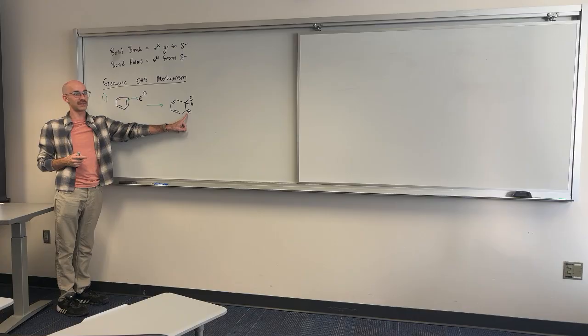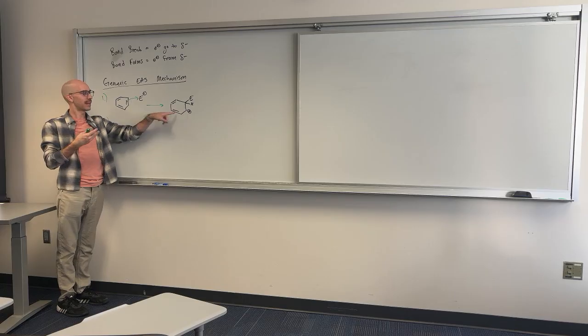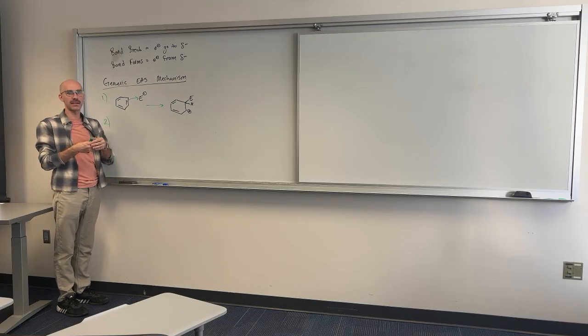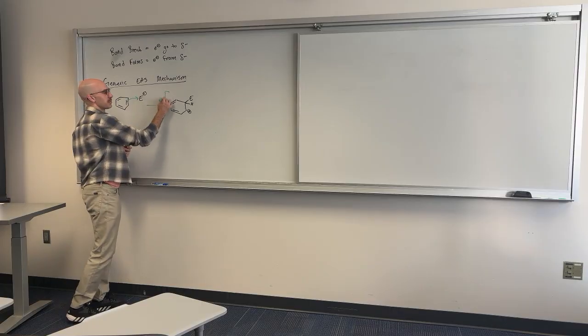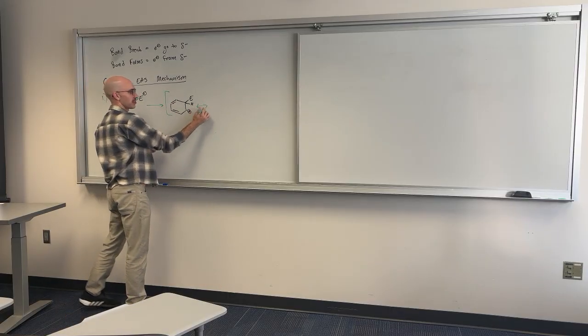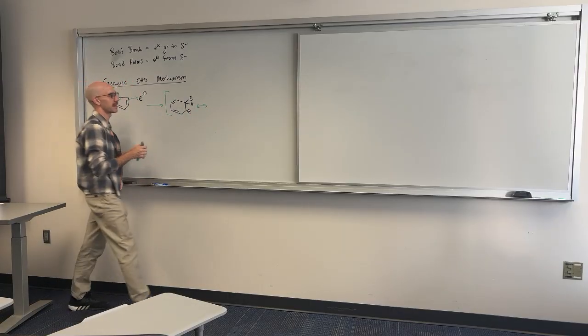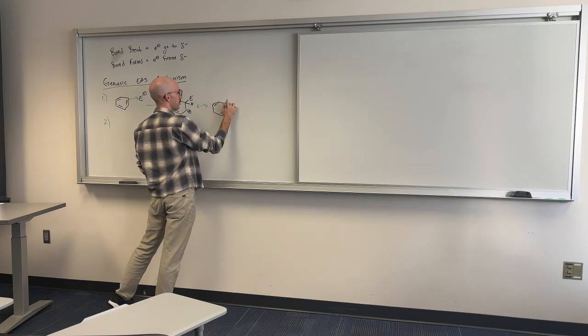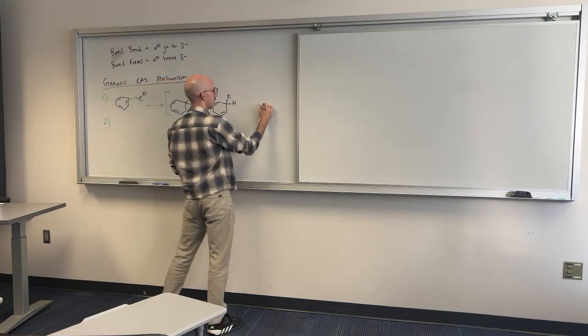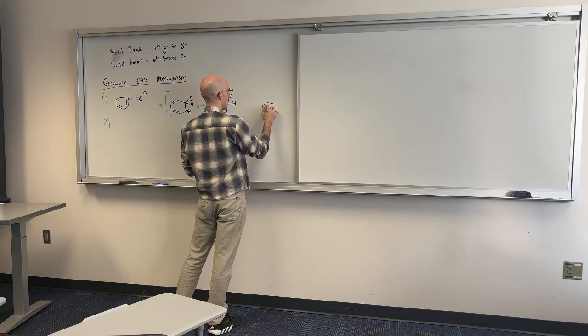It is conjugated. We would describe this as an allylic carbocation. You could argue it's a diallylic carbocation, but it is adjacent to a pi bond, which means that this structure does not just exist in this resonance form, but this structure exists in these 3 resonance forms.